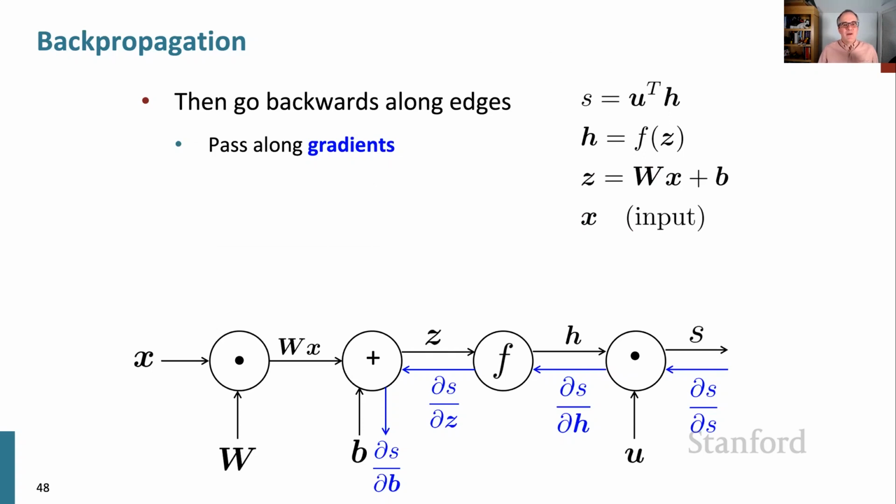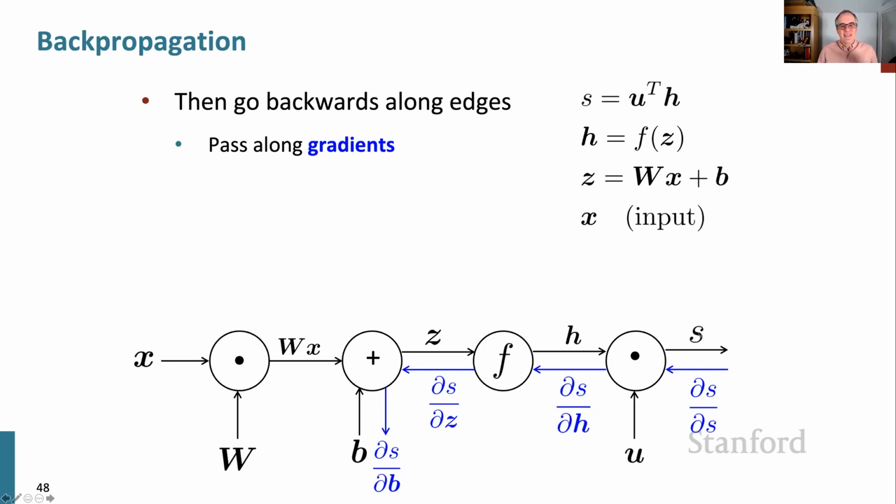Once we've forward propagated a value with our current parameters, we then head backwards, reversing the direction of the arrows, and pass along gradients down to the different parameters like b and w and u that we can use to change, using stochastic gradient descent, what the value of b is or what the value of w is.